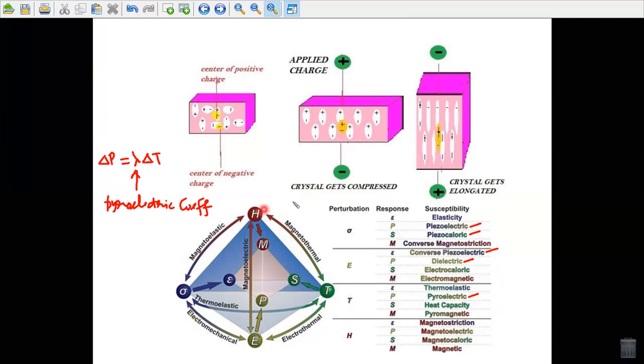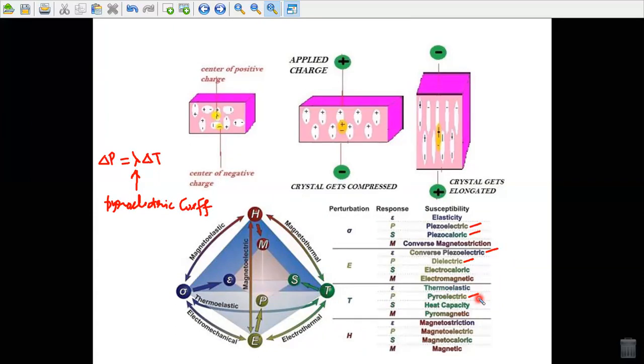This is a very important diagram I have found on the internet, where these kinds of perturbations, sigma is the mechanical stress, E is the electric field, temperature, and magnetic field, show how these perturbations are responded to by the physical parameters which are our concern, like piezoelectric, dielectric, pyroelectric.